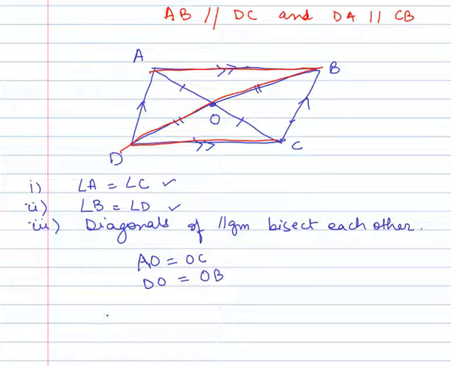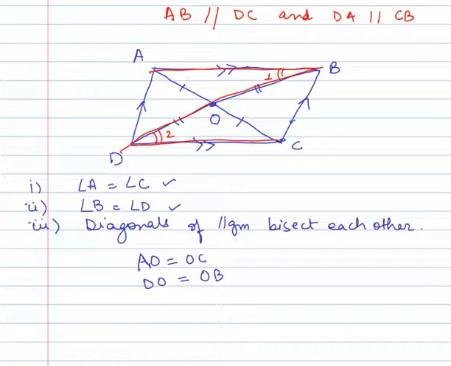Therefore, this angle is equal to this angle. These are a pair of alternate angles. Let us say this is angle 1, this is angle 2. Angle 1 is equal to angle 2.